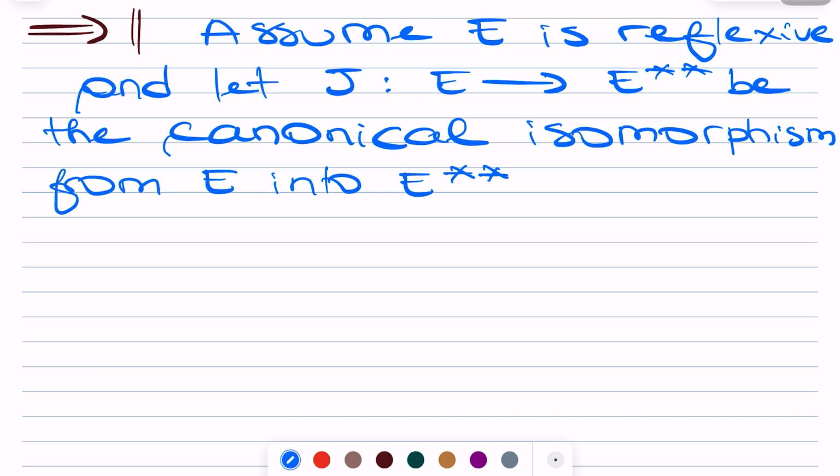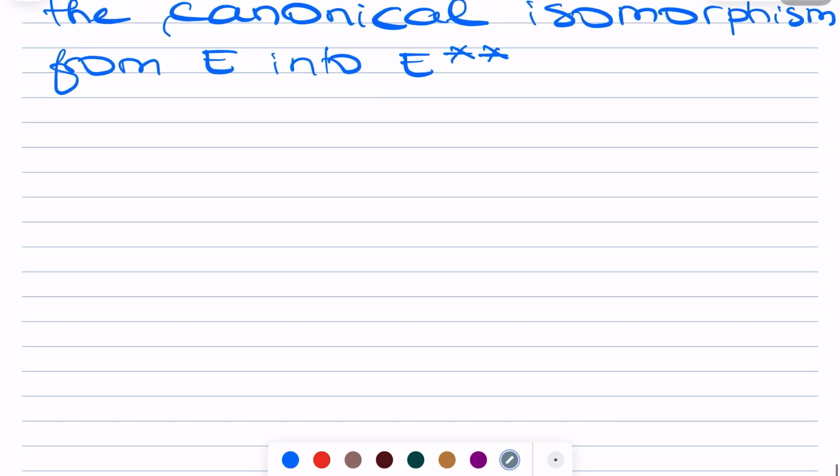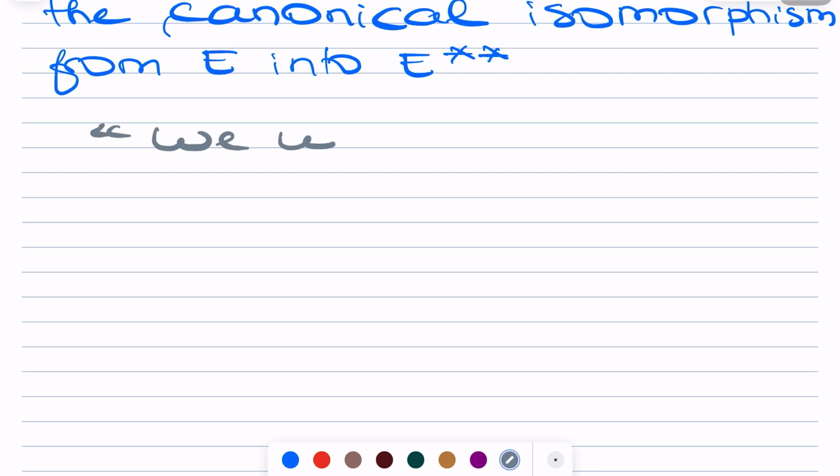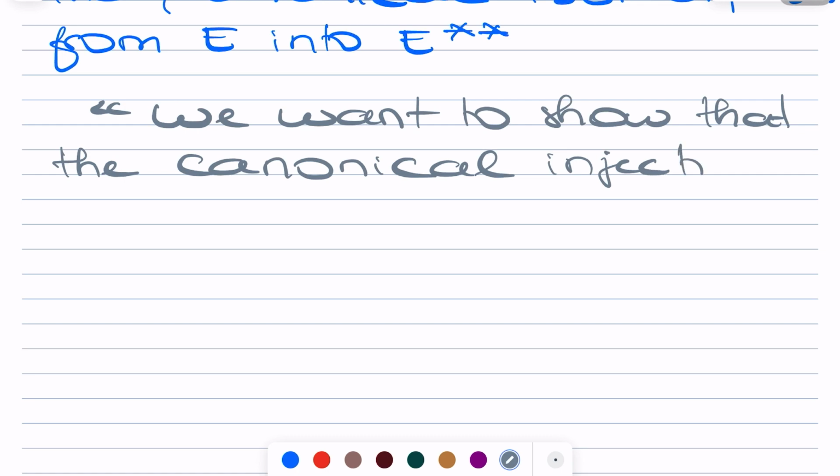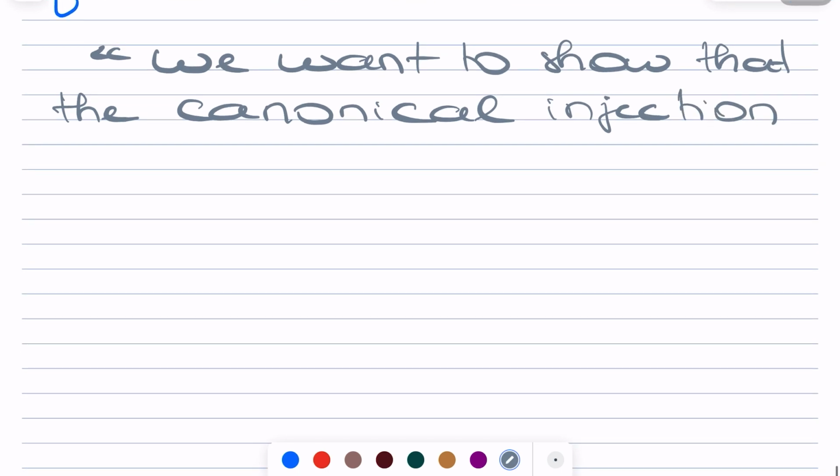So we want to show that the canonical injection, let's call it iota, from E star into E star star star is surjective.